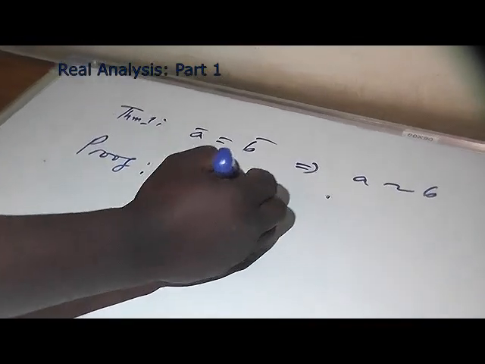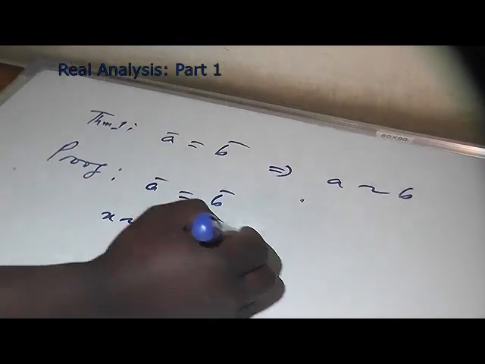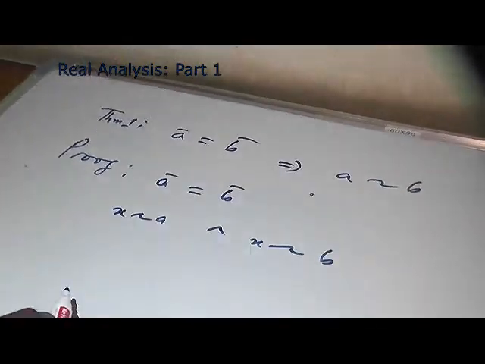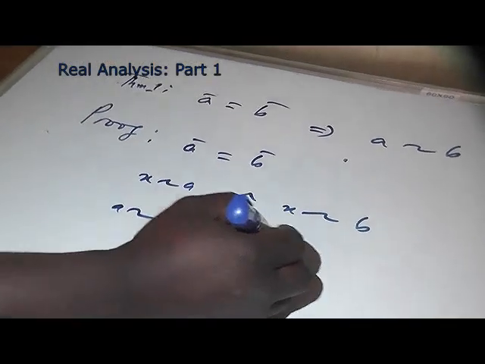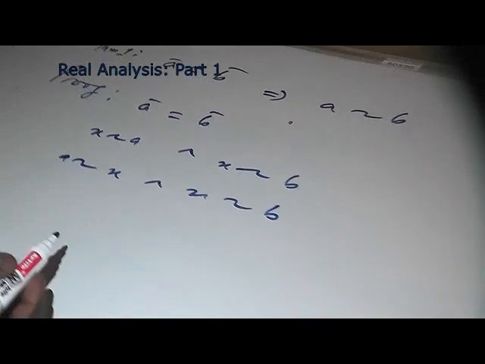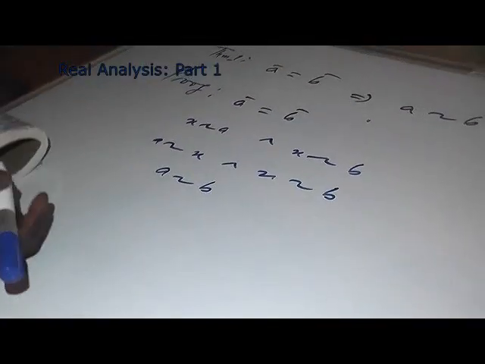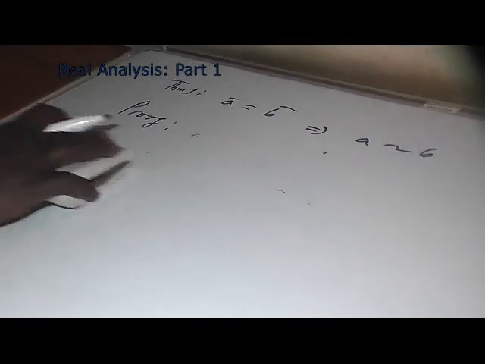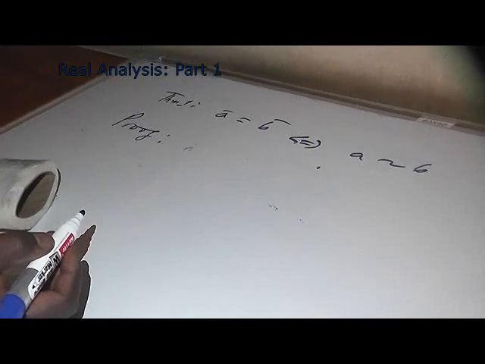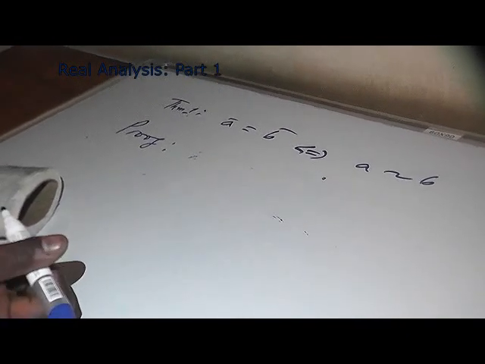If the equivalent class of A equals the equivalent class of B, it means x is related to A and x is related to B. By symmetry, A is related to x and x is related to B. By transitivity, A is related to B, and that's the easy proof. Now, if you combine theorem 1 and 2, we get the necessity, which is the requirement, and the sufficiency, which is the adequacy.